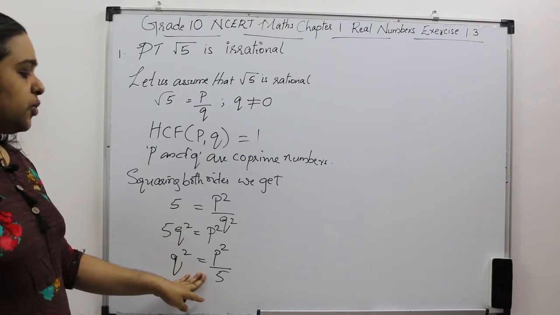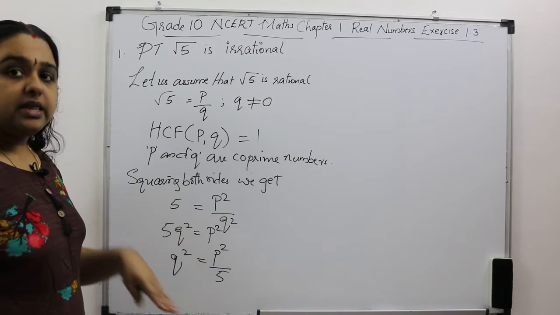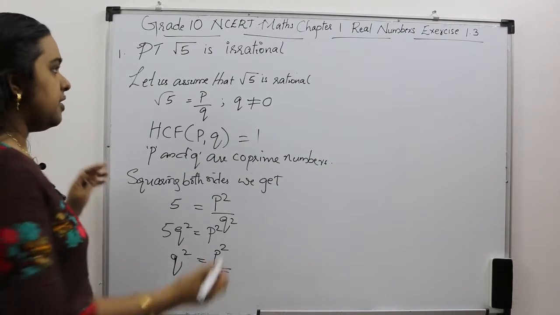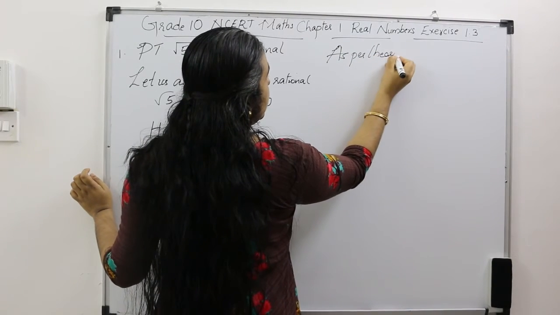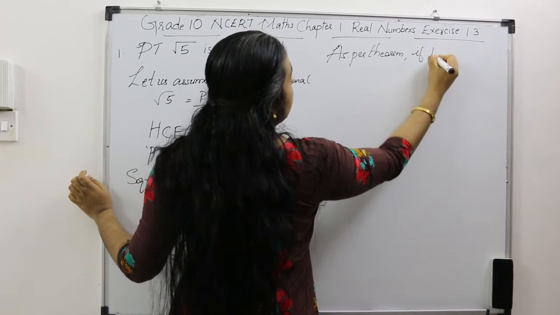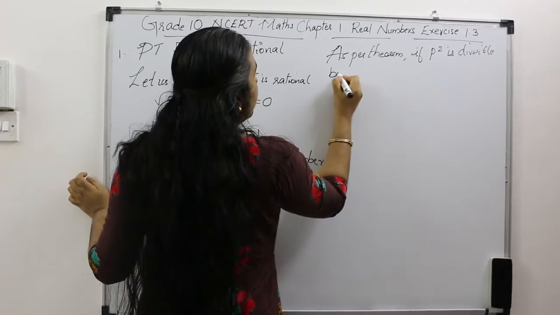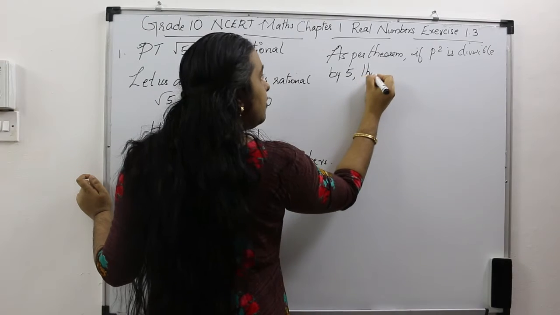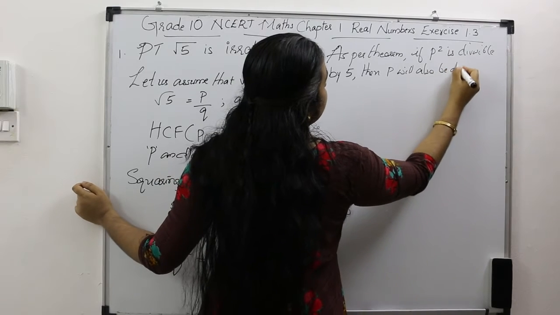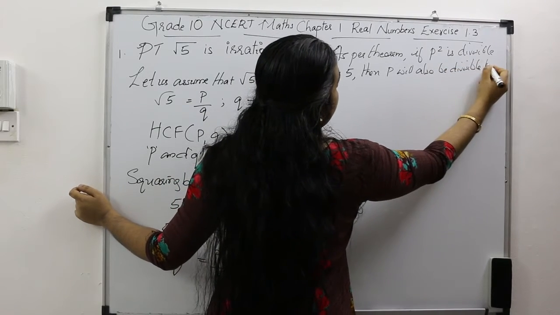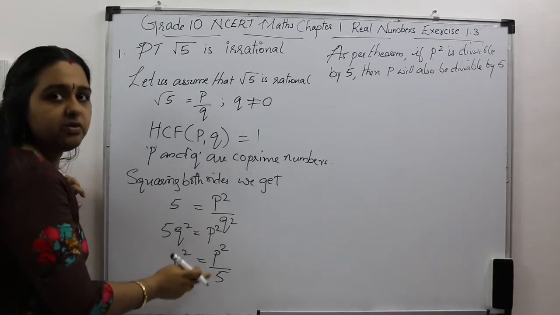So as per our theorem, we know that if p square is divisible by 5, then p will also be divisible by 5.